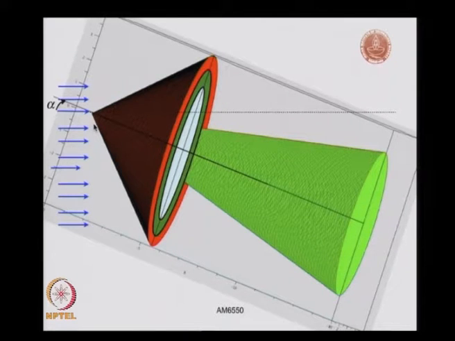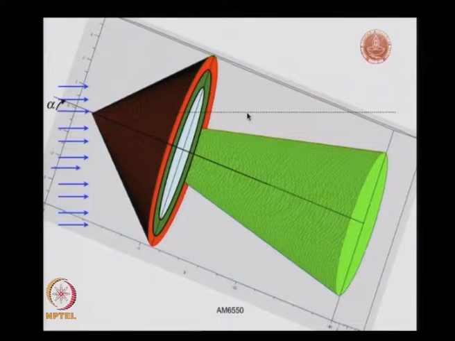Now, if you look at the free stream, try to see how this shock is located, how the shock looks with respect to the free stream. Look first, for example, at this red plane and the shock structure, and look at this conical shock with respect to the black dotted line here.